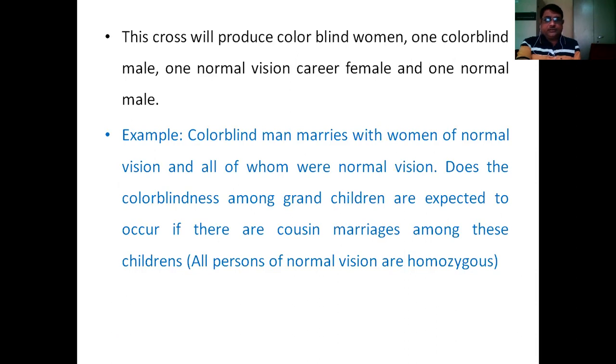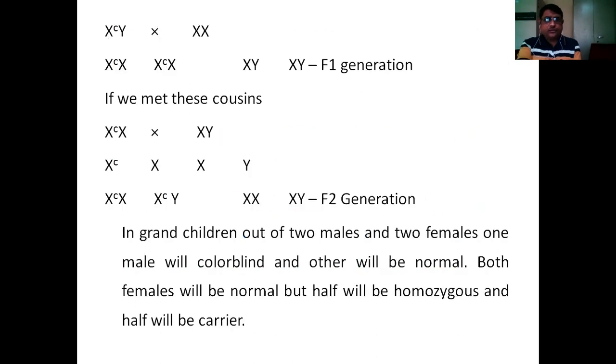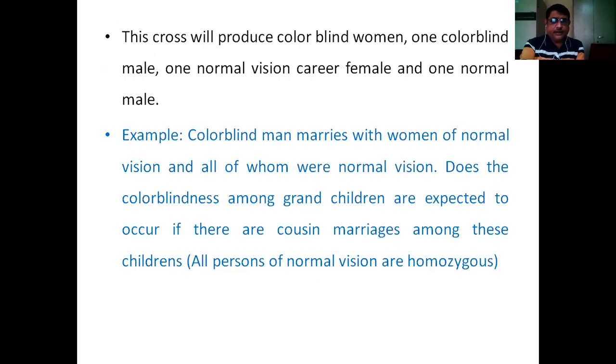The next example is: a colorblind man marries a woman of normal vision, and all of their children have normal vision. Thus, colorblindness among the grandchildren is expected to occur if there are cousin marriages among these children. So here is the solution. The genotype of the male will be XCY, because the male is colorblind.